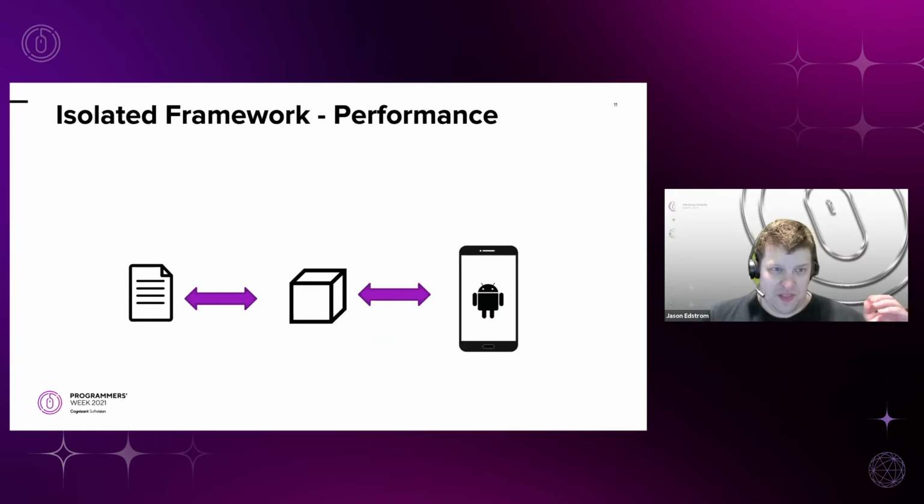And then let's talk about the performance situation of this. Isolated framework is the simplest best case scenario. We have a little bit of an animation here. We do one click element call, and then out of that, we get a find element call. And then we get our element back, and then we click.